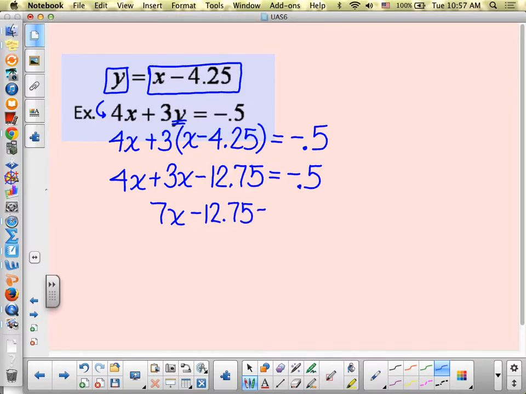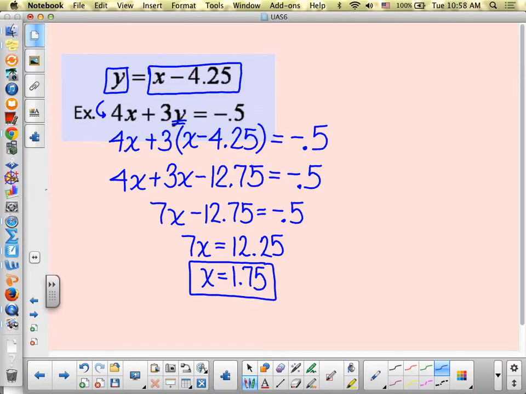Remember, you can pause this video, work yours out, double check your algebra, grab your calculator, whatever it might take so that you can accomplish this with us. And as you do your division by 7, you end up with x being 1.75.